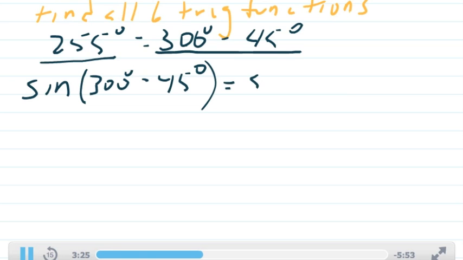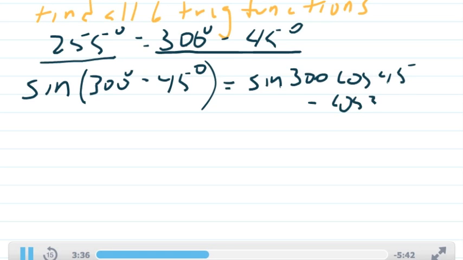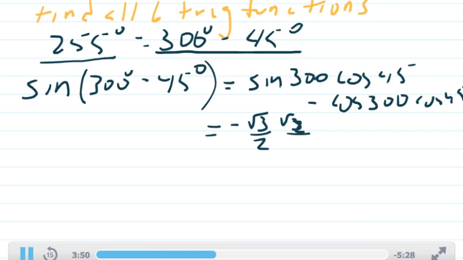Well, using our sum and difference formula, that's sine of 300 cosine 45 minus cosine of 300 cosine of 45. Okay. So that's equal to sine of 300 is minus square root of 3 over 2. Cosine of 45 is square root of 2 over 2. Minus cosine of 300, well, that's a half.